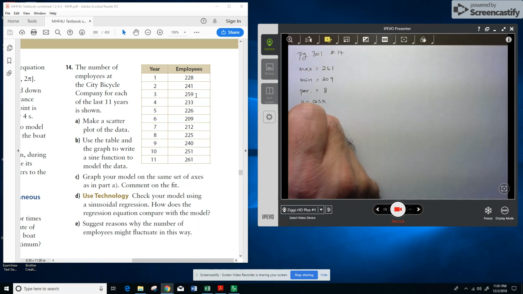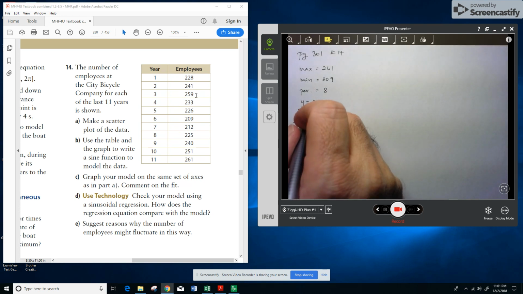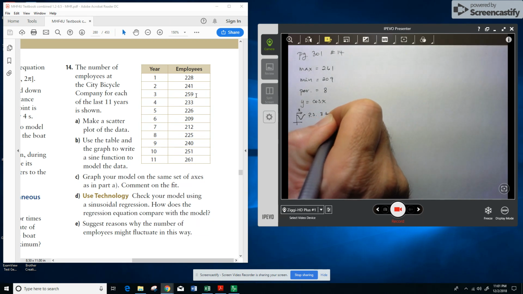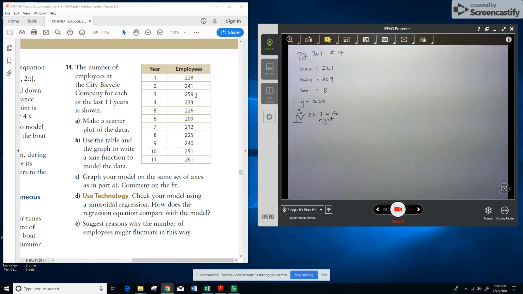So I'm going to want to move this function 3 units to the right. That's my phase shift here, 3 to the right. Just to recap, I looked for where my maximum occurred, and then compared that to where it would occur without a phase shift, which would be at 0. That's why I had to move 3 to the right.